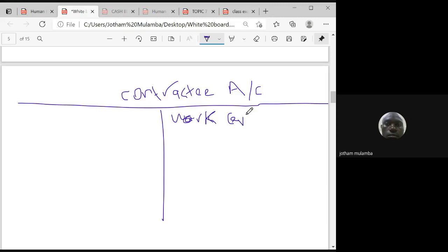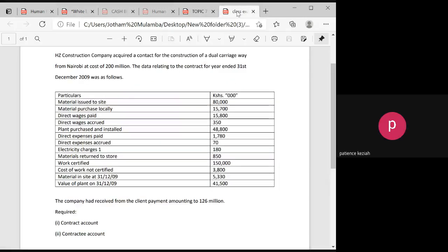From that question, how much is work certified? Work certified is 150,000. The 3,800 is work not certified.